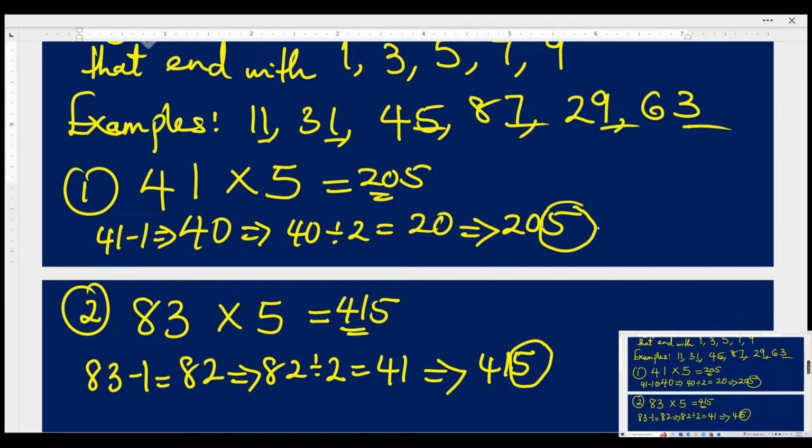So the first thing I did was to subtract 1 from 83. I have 82. Divide 82 by 2. I have 41. Then write 5 beside 41. That is 415.